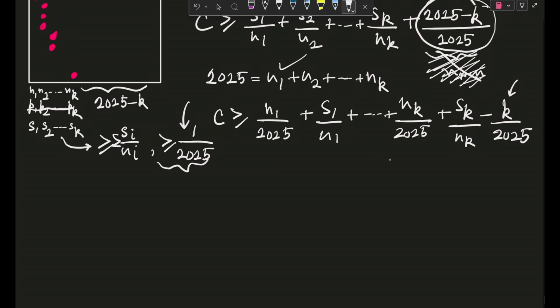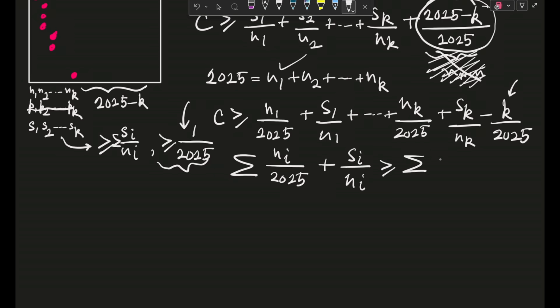So I can write sigma of ni by 2025 plus si by ni to be greater than or equal to sigma 2 root si by 2025.